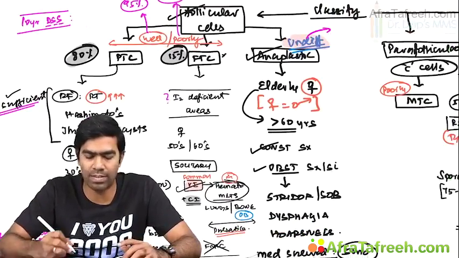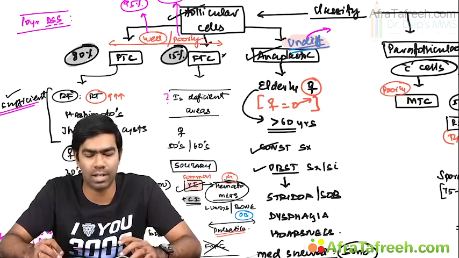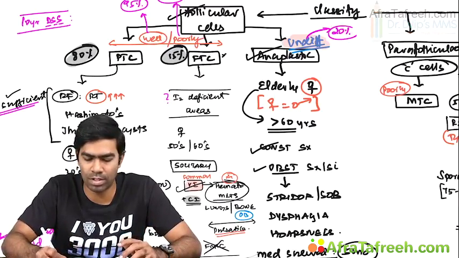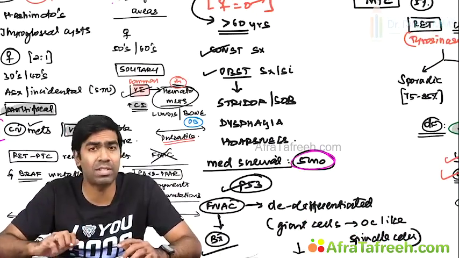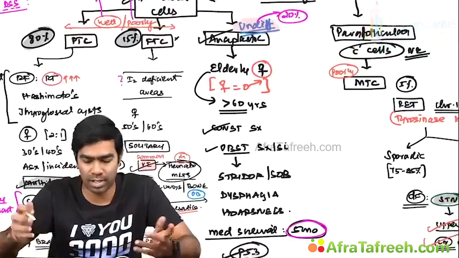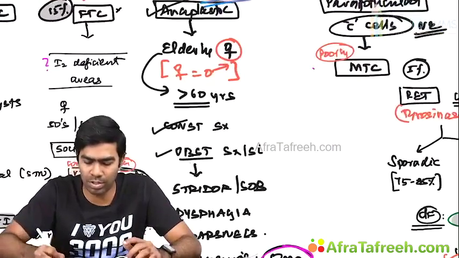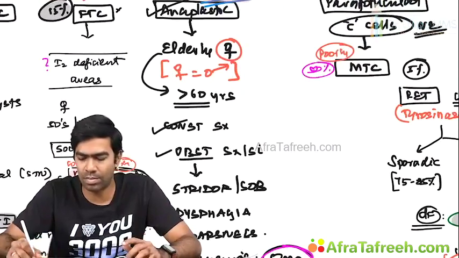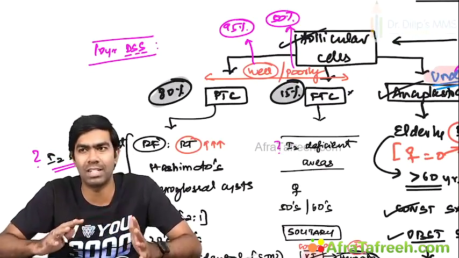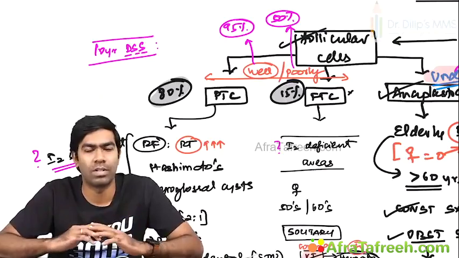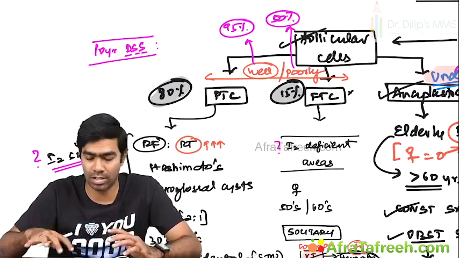And for an undifferentiated or de-differentiated tumor like anaplastic cancer, it's only 20%. Clear? As I told you, the median survival will often be only 5 months in case of an anaplastic cancer. And again, MTC is poorly differentiated, so it tends to be somewhere around 50%. Clear? So this is the meaning of DSS with respect to the differentiation of the cancer.